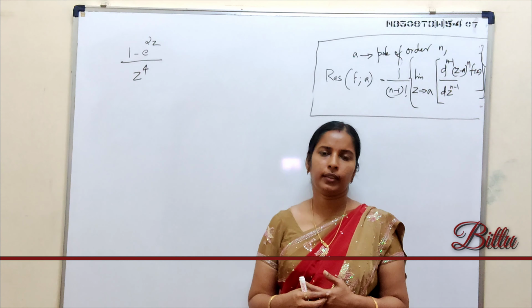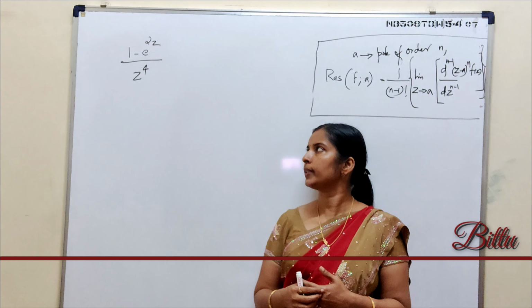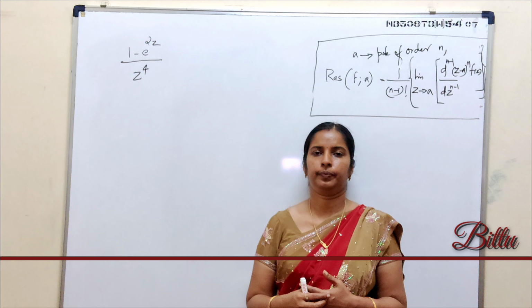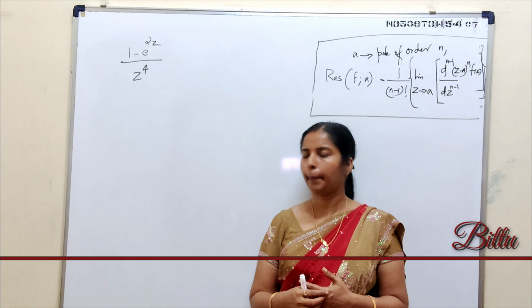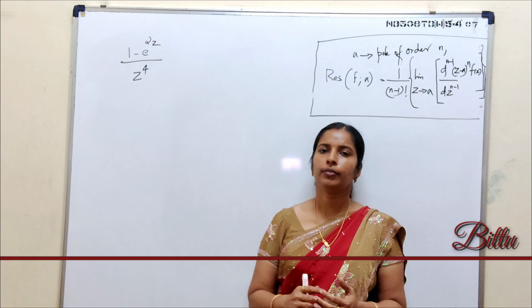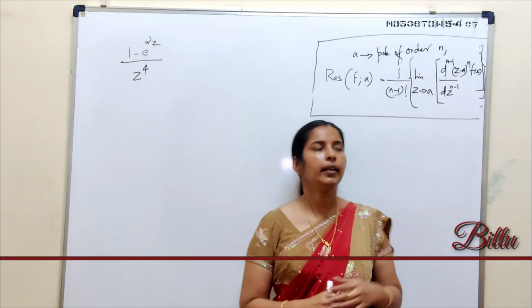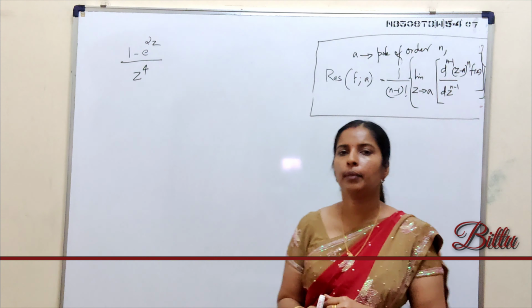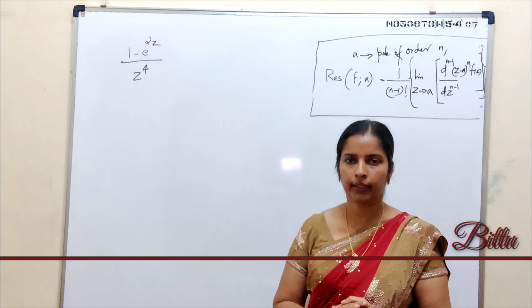Next, consider the function (1 minus e raised to 2z) by z raised to 4. Clearly, its pole is 0 and its order is 4. So, for finding its residue, in this equation, you have to keep n equal to 4.